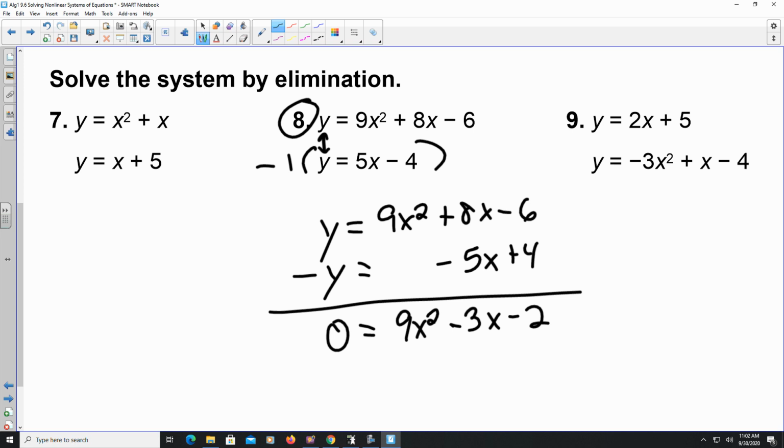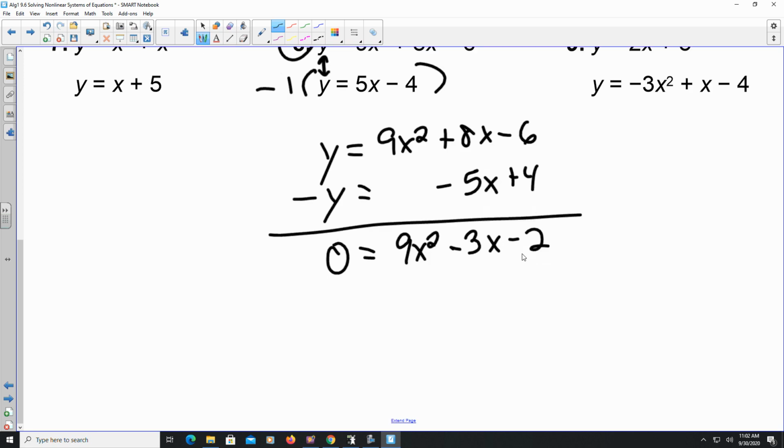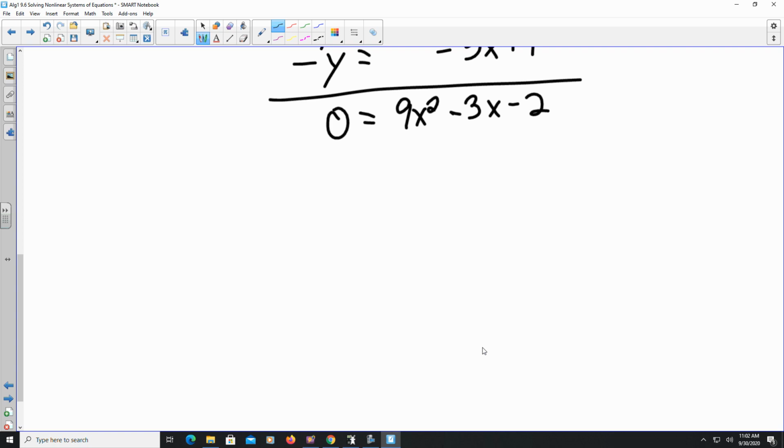Okay, so can I factor this? The answer is I'm not sure quite yet, but usually if I'm not sure and all I have to find is my value or values for x, I'm just going to automatically resort to the quadratic formula. Negative b plus or minus the square root of b squared minus 4ac all over 2a. Why not?